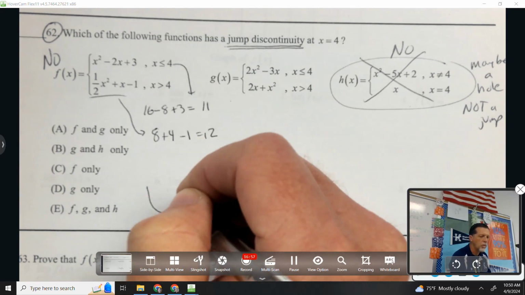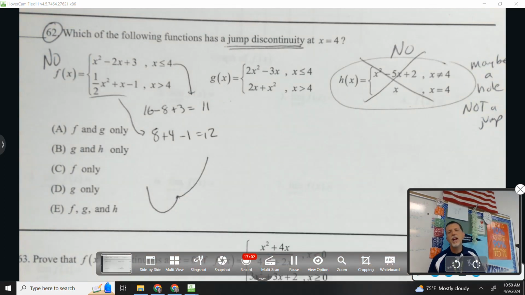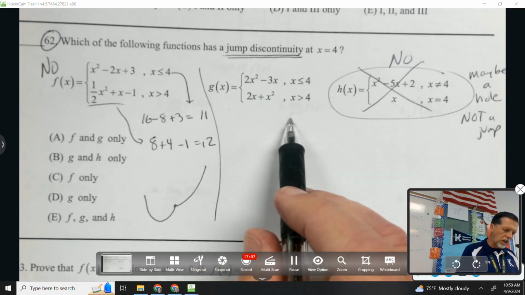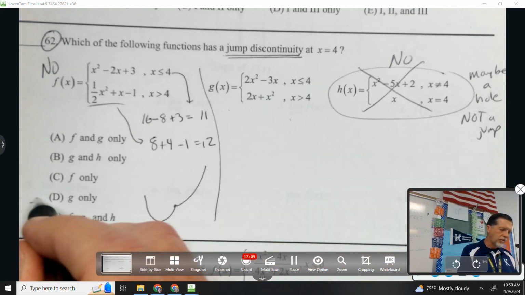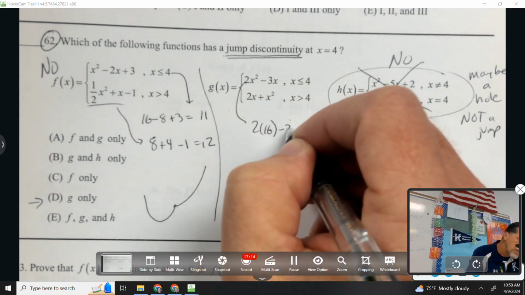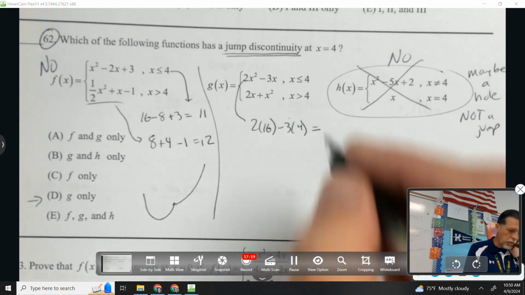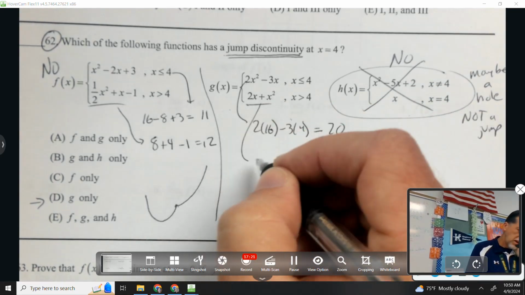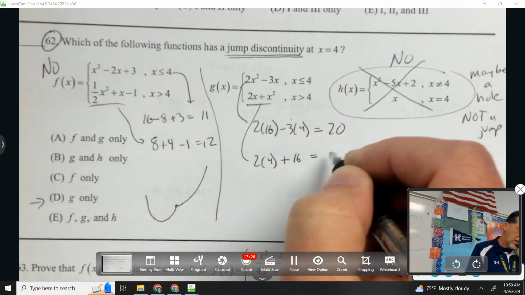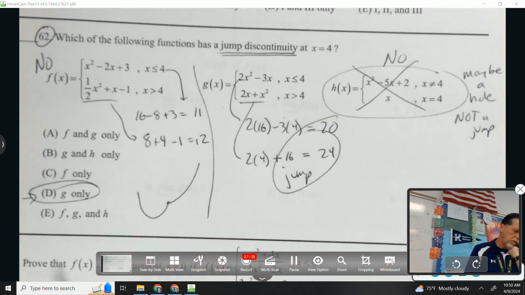So one's steeper, one's a little wider, but they're attached there. So that only leaves G. Well, based on my answer choices, I guess it's probably G only, but we should make sure. 2 times 16 minus 3 times 4. 32 minus 12 is 20. And then 2 times 4 plus 16 is 24. So there's our jump. So G only.